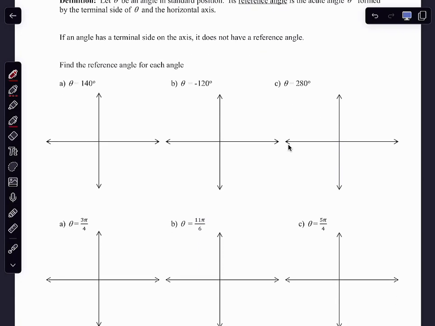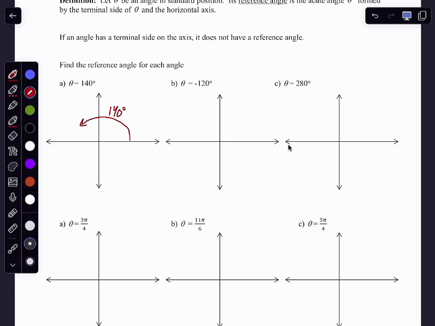So 140 would land in quadrant 2. Okay, you could draw this and just make an angle that lands in quadrant 2. The reference angle is not necessarily clockwise or counterclockwise. It's just the distance. So I draw the arrow both ways. It's the distance towards the x-axis.